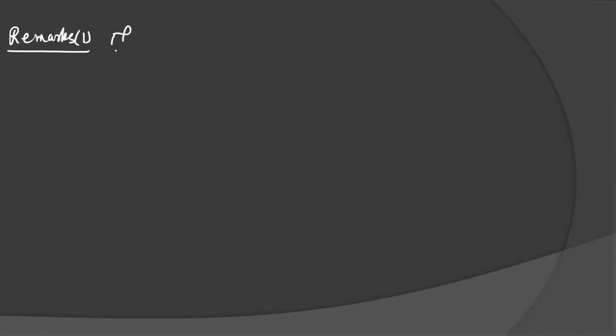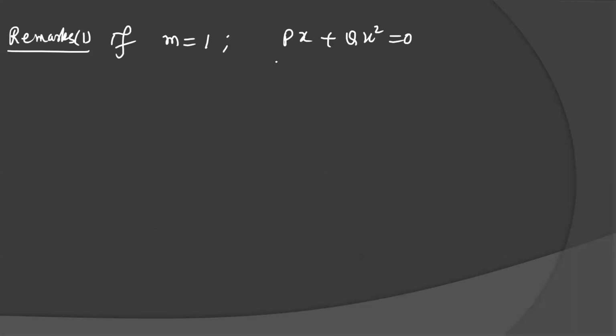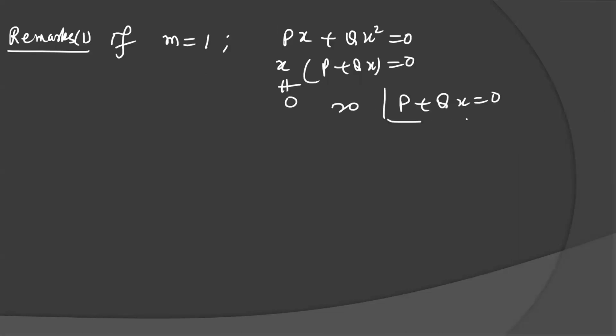First, if m equal to 1, then your relation will be converted as px plus qx square equal to 0. With m equal to 1, the first term will be 0, and we can take x outside, then p plus qx equal to 0, and x is not equal to 0, so p plus qx equal to 0. This is the relation when m equal to 1, and it implies that the first part of CF is x to the power 1.